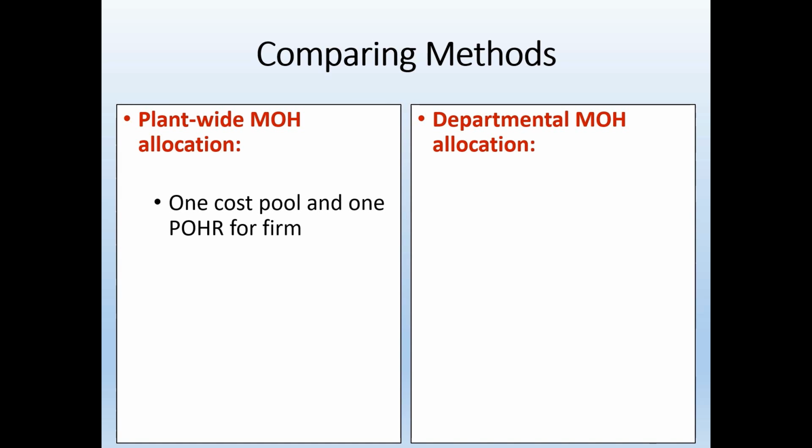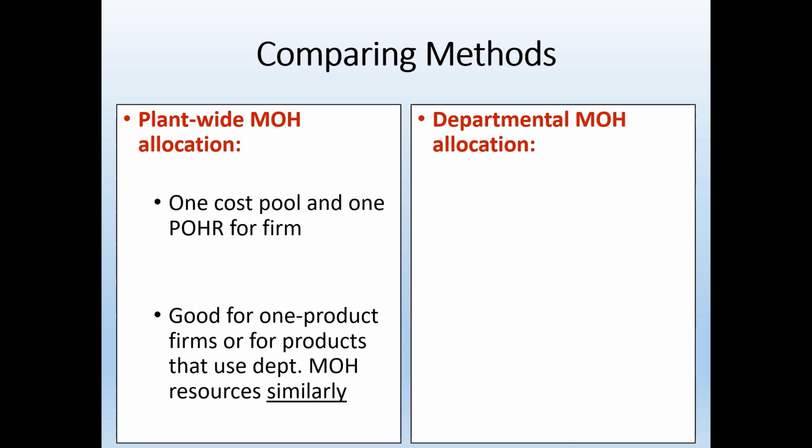Plant-wide allocation puts all overhead costs into a single pool and uses one predetermined overhead rate to allocate those costs to various products. Therefore, using a single plant-wide rate works best for firms that either make only one product in one size, or for firms that believe that their various products consume overhead resources in similar ways.